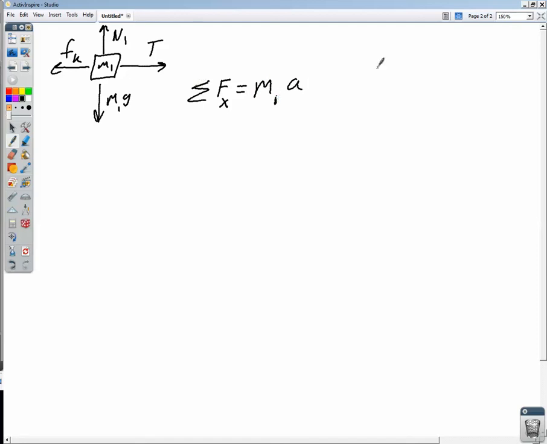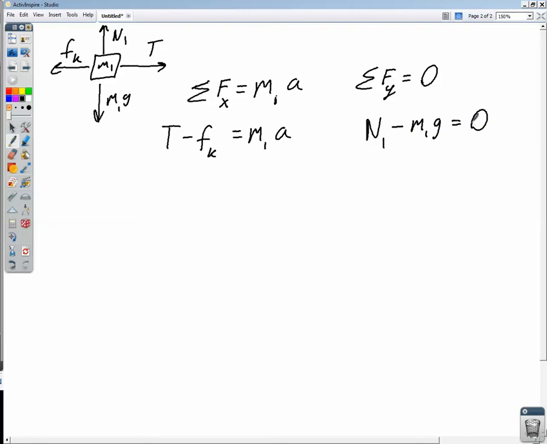And the sum of the forces acting in the y direction is going to equal 0 because the block's not accelerating vertically. Plugging in the forces acting in x, we have tension to the right minus kinetic friction to the left is equal to the mass of block 1 times his acceleration, which remember is 0.393. And in the y direction, normal force is going up. The weight of M1 is going down, and that's equal to 0.